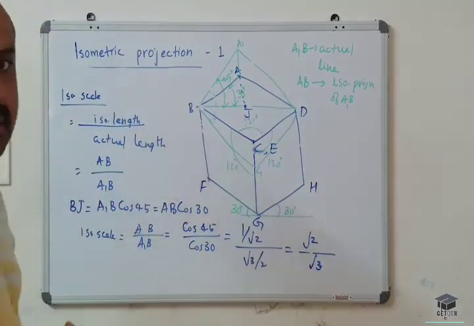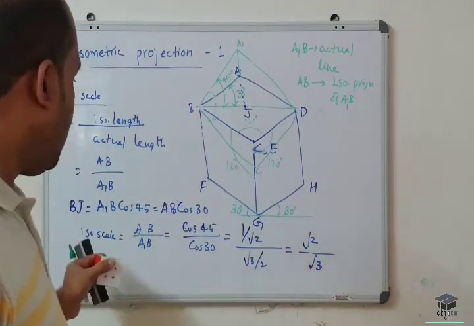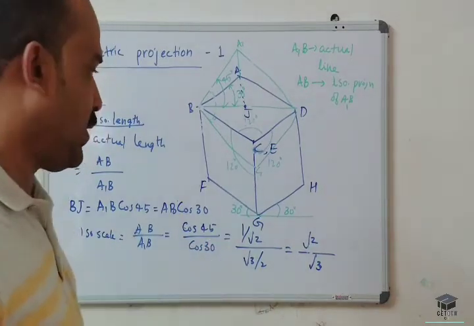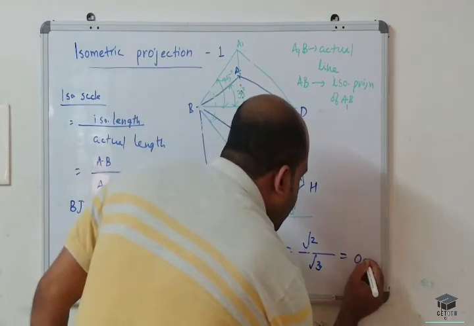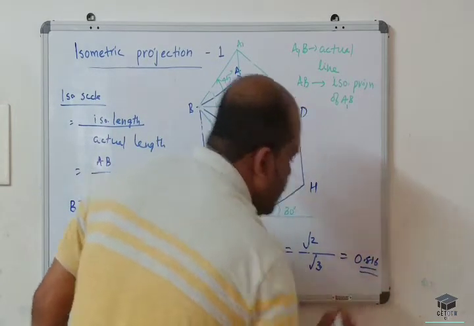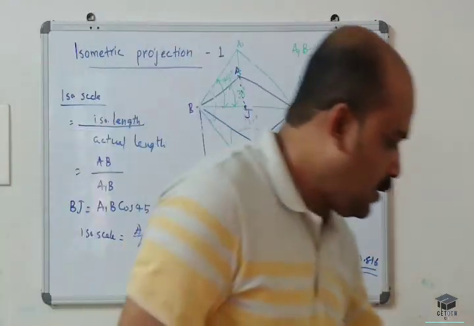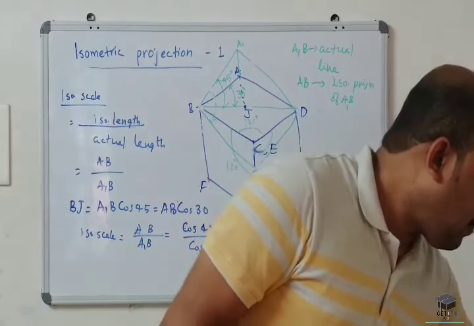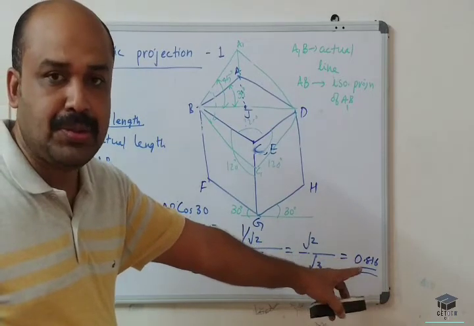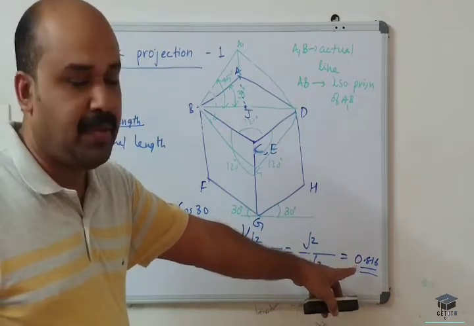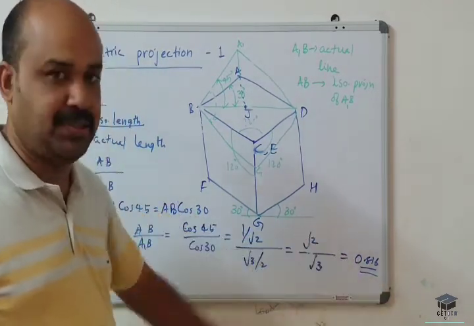So the value of the isometric scale is root 2 by root 3, which is 0.816. We already got this value because it is cos 35.16, that is 0.816.